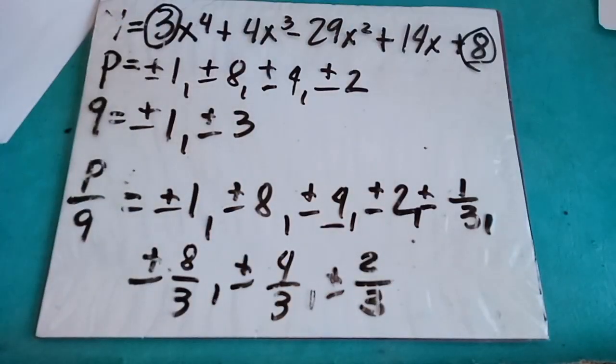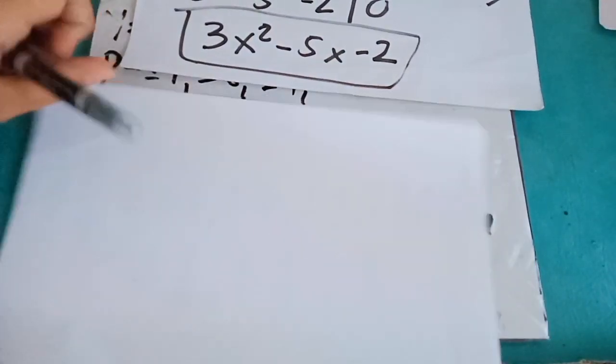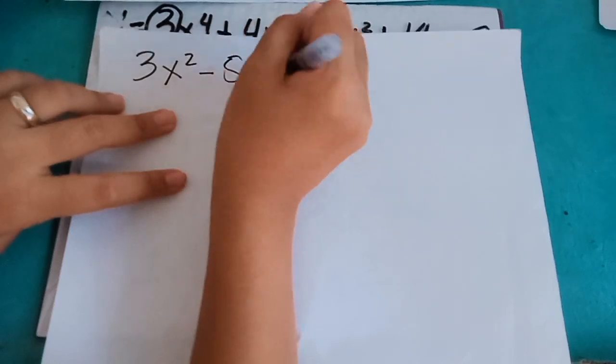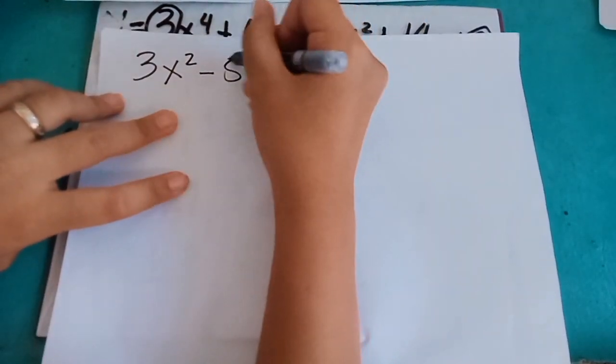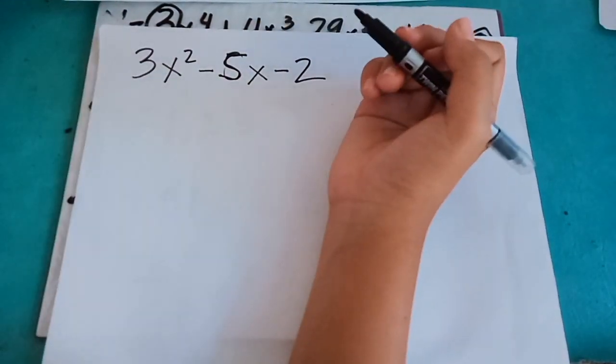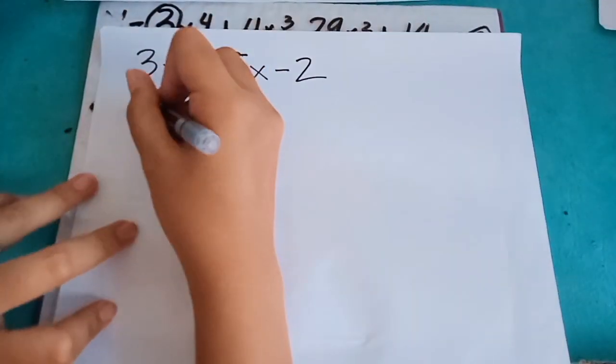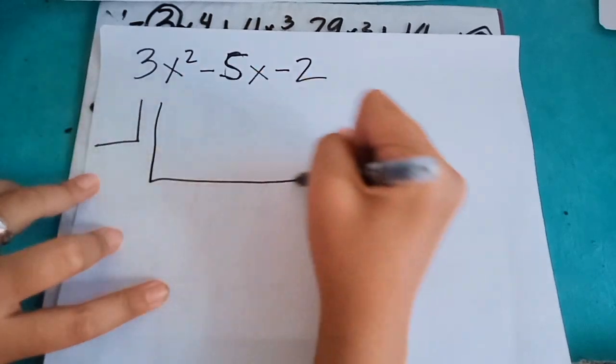So let's use again the synthetic division. It's okay also to use factorization. 3x squared minus 5x minus 2. So we can use again synthetic division. So let's try another value.